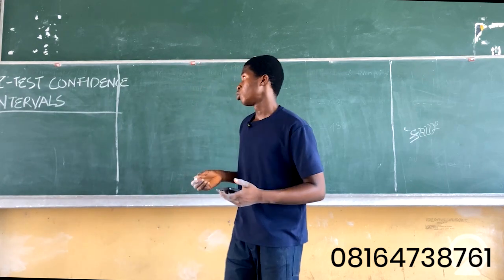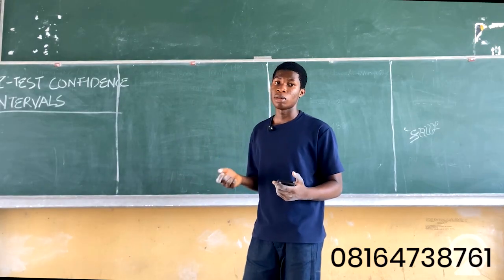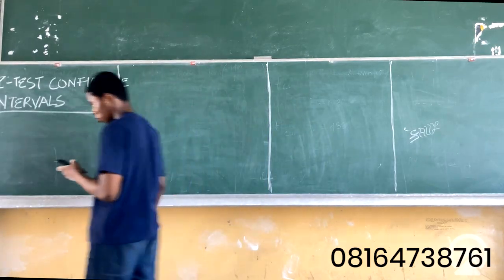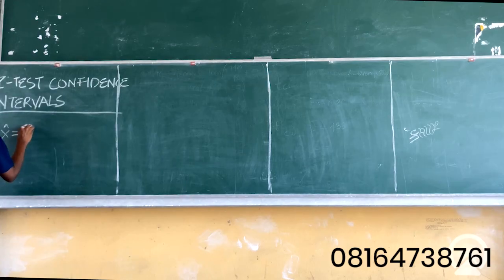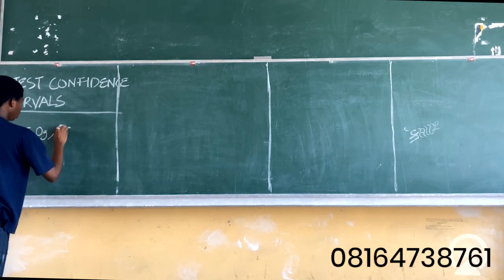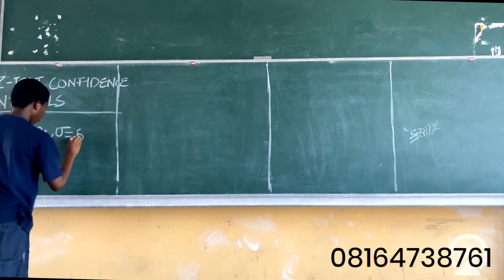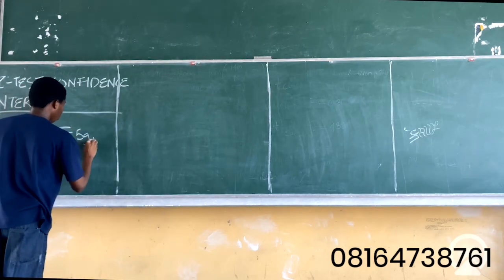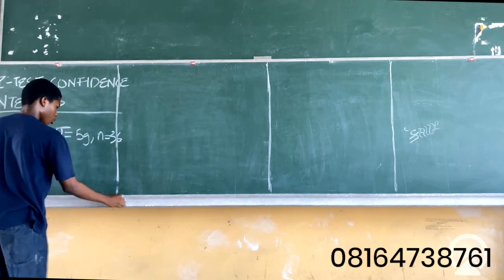So now we're going to write out our key parameters, which will decide whether this is a Z-test problem or a T-test problem. We are given x bar equal to 50 grams, and our sigma, which is the population deviation, 5 grams, and n, 36.